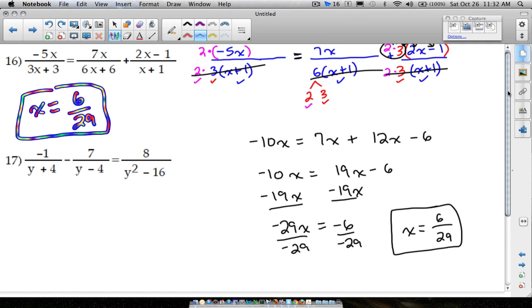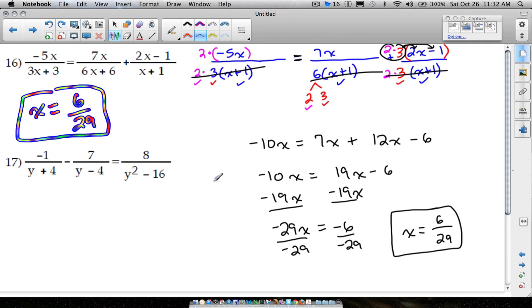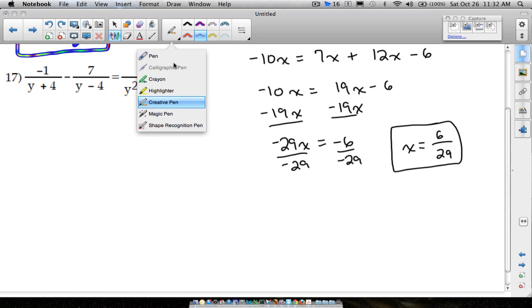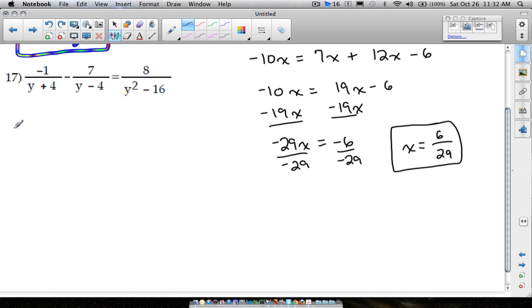All right, 17. Similar approach, except now we have that subtraction there, so you got to watch your signs on this problem. All right, so rewriting this out, we got to factor that piece over there. And I tell you what, if you can realize that this right here is y plus 4, y minus 4, that'll save you a whole bunch of writing right off the bat.